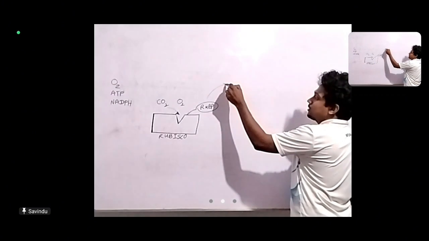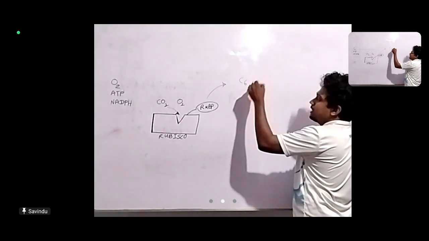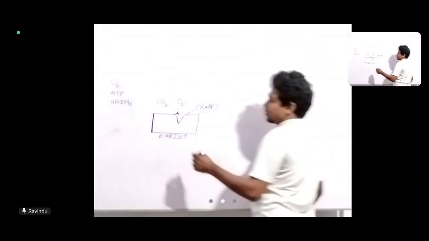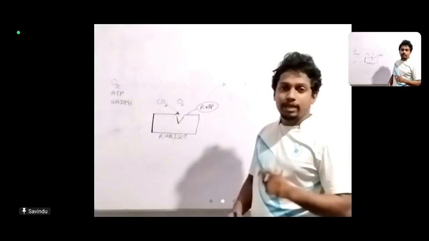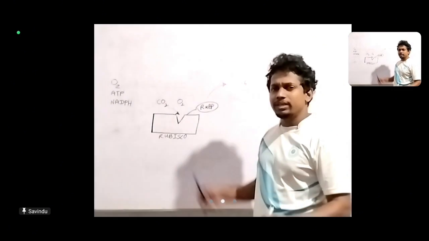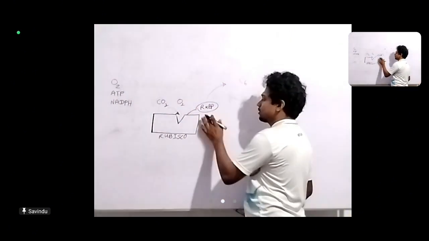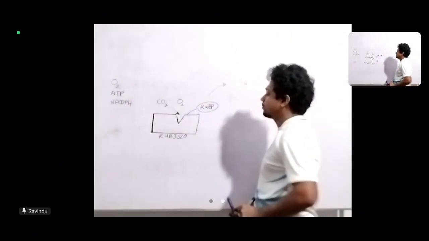It forms an unstable C6 molecule. Because, why? We know RuBP, as I have taught you, is a ribulose, a pentose sugar, so it is a monosaccharide.